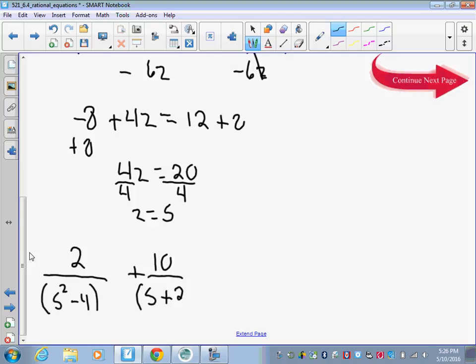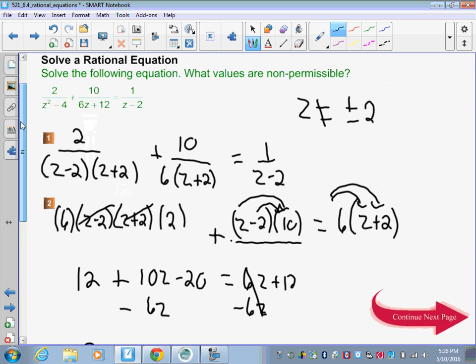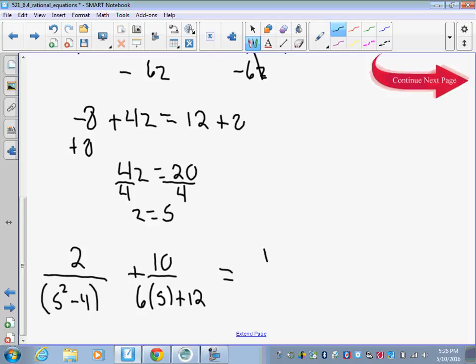No, 6z plus 12, right? 6 times 5 plus 12. And that's supposed to equal 1 over 5 minus 2.